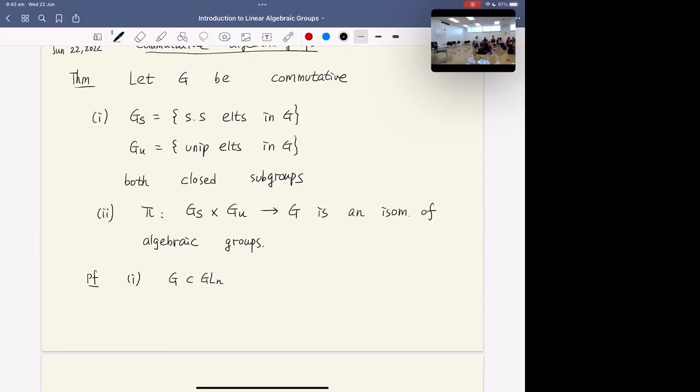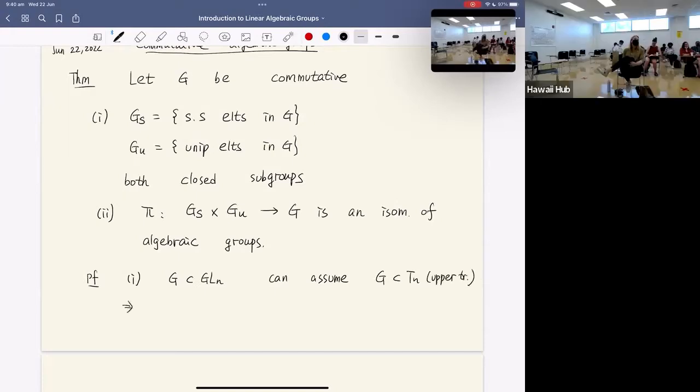Now, last time we also said you can think of G as a set of commuting matrices, right? So what can we do to them? They should be able to be simultaneously upper triangular. So we can assume that G is in the subgroup of upper triangular matrices.